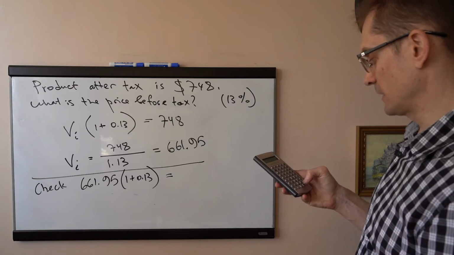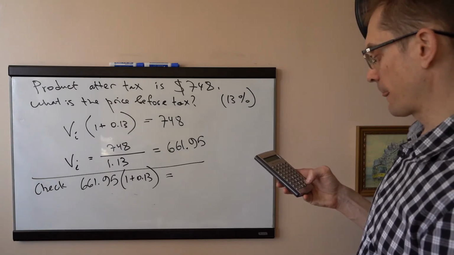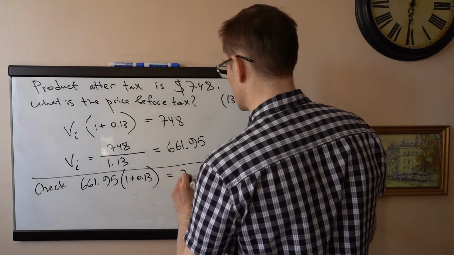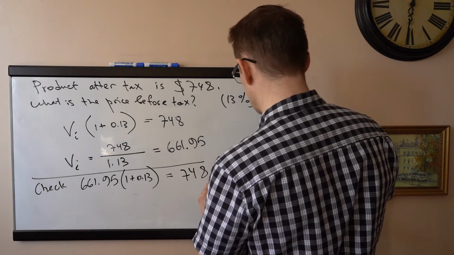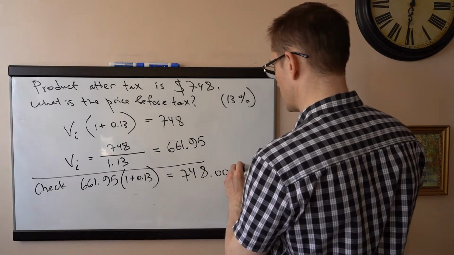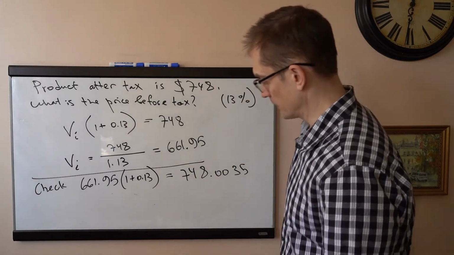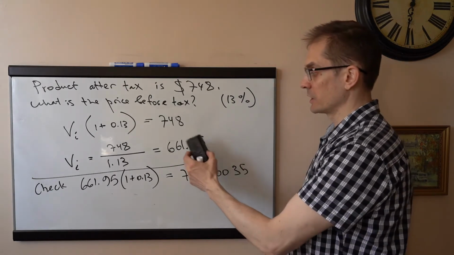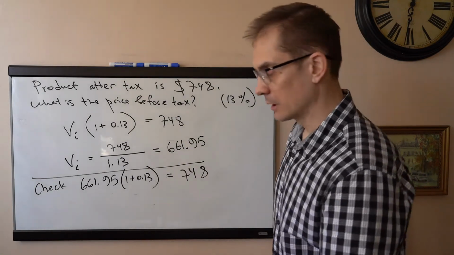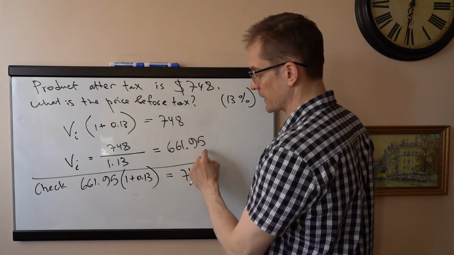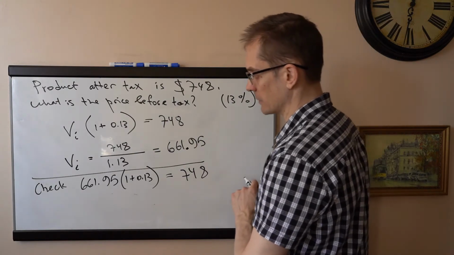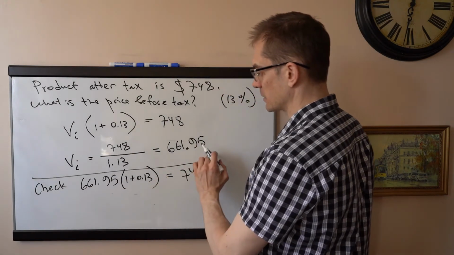Let's see what happens. 661.95 times 1.13 gives 748, in fact 748.0035, but these extra decimals are because we rounded the initial value. If we remember that rounding and its effect, we should not worry about that decimal. So this check really showed us that we computed this initial amount correctly.